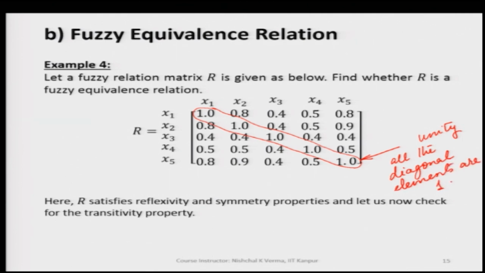If this is the case, we can quickly comment on the reflexivity property, because here mu of xi, xi is equal to 1 for every xi belonging to capital X. Since diagonal elements are the elements corresponding to the same row and same column, we can say that mu of xi, xi is equal to 1, and since all the diagonal elements are 1, we can quickly say that the reflexivity property is satisfied.